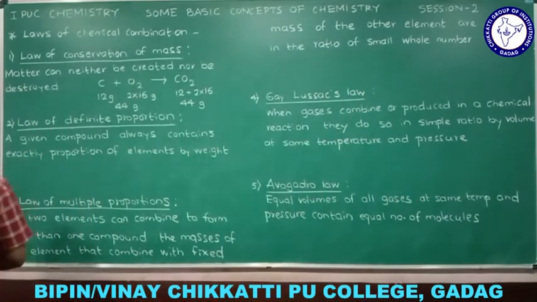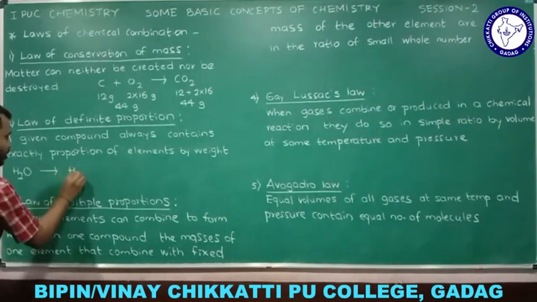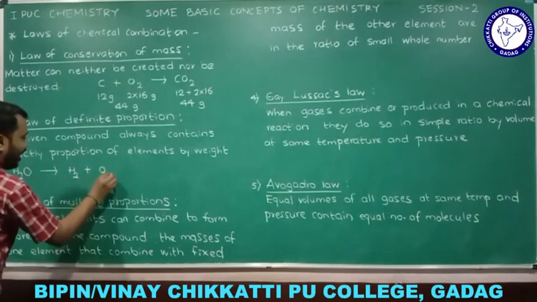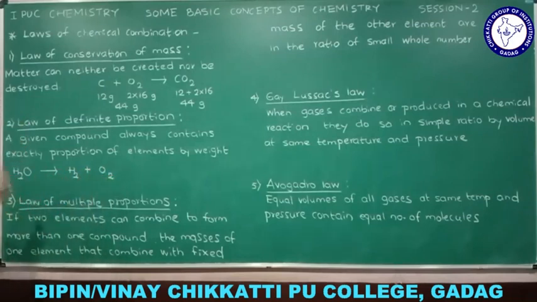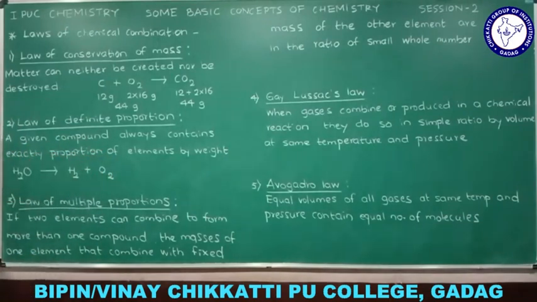The example I am going to consider is one very simple compound, water, H2O. In water we have 2 different elements, hydrogen and oxygen, and I can write it like this as a chemical equation. Now what is the proportion of elements?